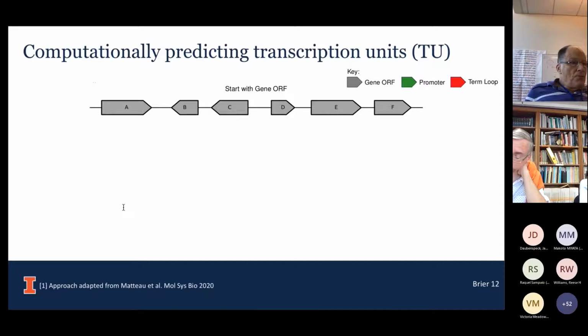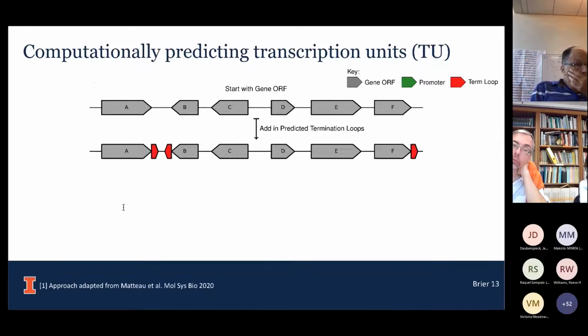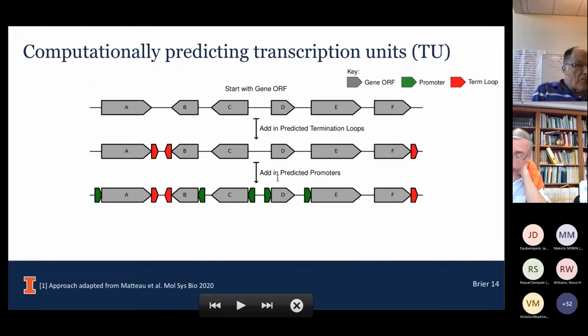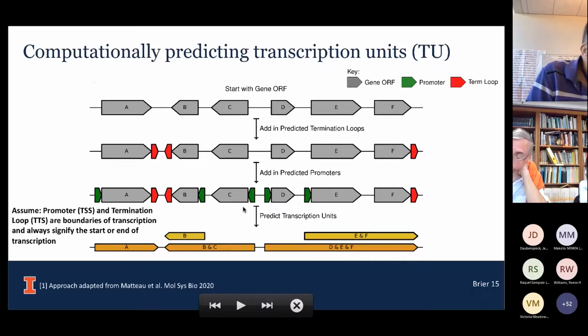What I mean by that is the idea of which genes, within a given transcriptional event, are products of that event. The way we do that is you start with the gene open reading frames, add in the termination loop predictions, and add in the predicted promoters. If you assume that every promoter is a transcription start site and every termination site is a transcription end site, you can develop the transcription units.